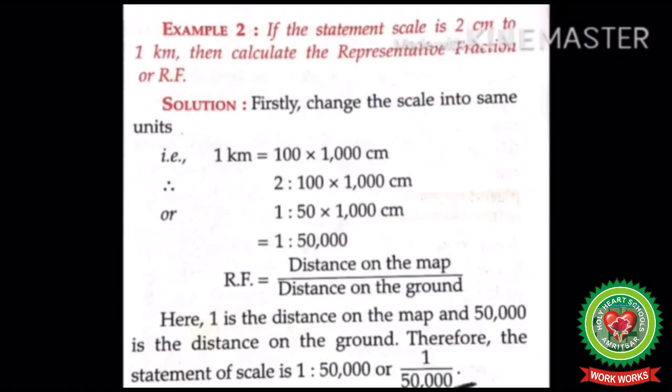Example 2. If the statement scale is 2 centimeter to 1 kilometer, then calculate the representative fraction or RF. To find out representative fraction, first we have to change the scale into same units. That is, 1 kilometer is equal to 100 into 1000 centimeter. It means 1 kilometer is equal to 1 lakh centimeters.